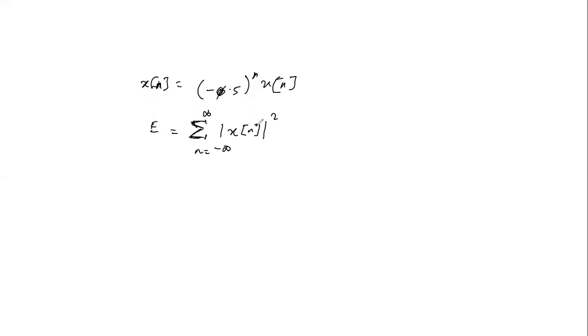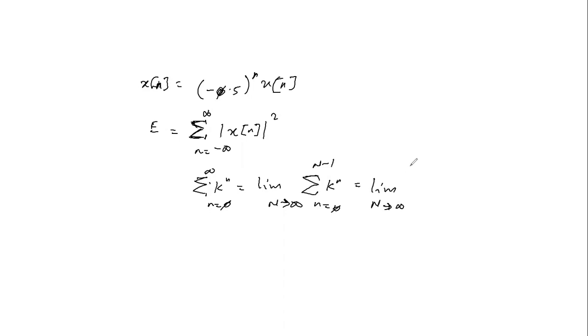But here it is interesting to recall that the summation for n from 0 to infinity of k to the power of n, by way of expansion, is 1 minus k to the n over 1 minus k, which approximates to 1 over 1 minus k.